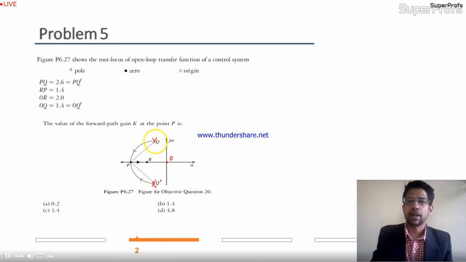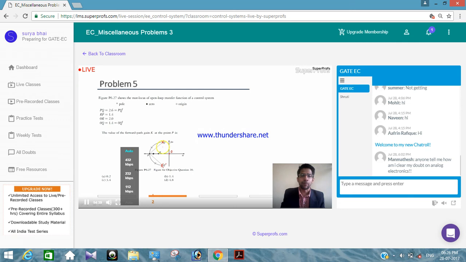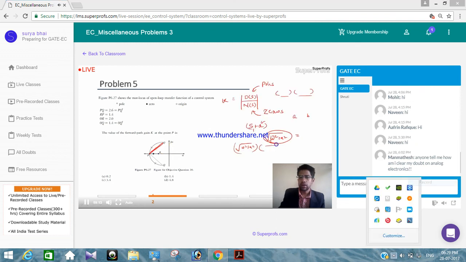The magnitude is the square root of omega square plus b square.